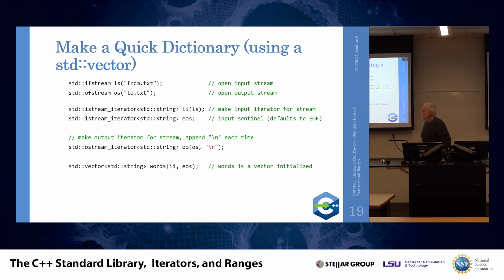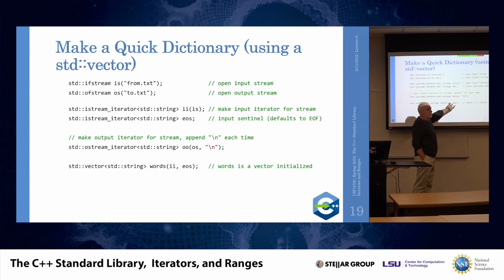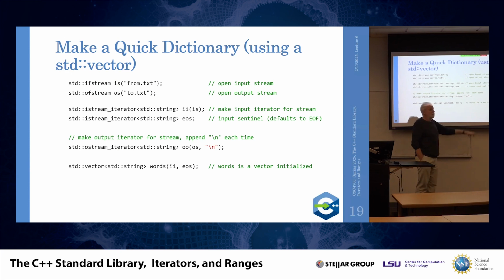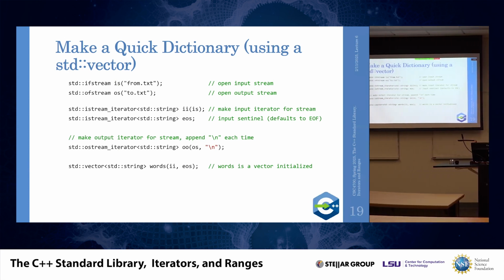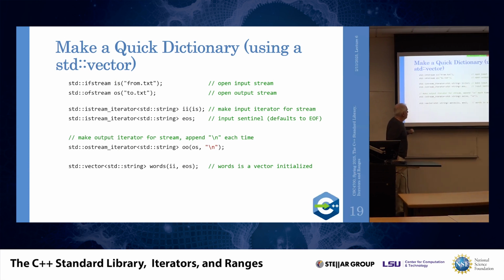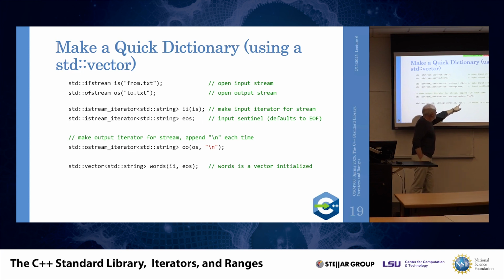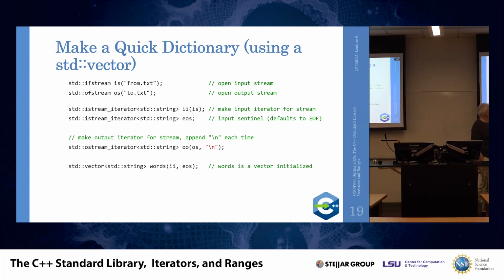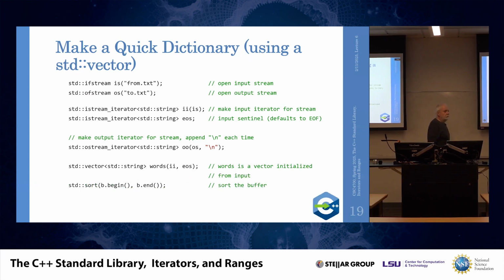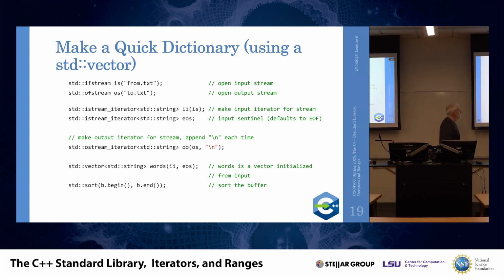We create an ostream iterator to write things to our to.txt file, which is represented by the ostream. And now we can construct a vector, and you might not know that, but you can construct a vector from a range of iterators. So this one line will read in the whole file, separate it into words, and store all the words in the vector, from the begin iterator, which is the beginning of the file, to the end of the file. Then we sort our vector in order to get a sorted list of words.